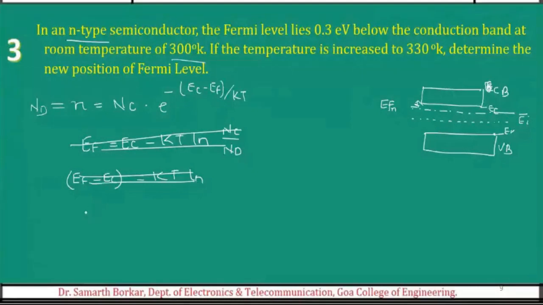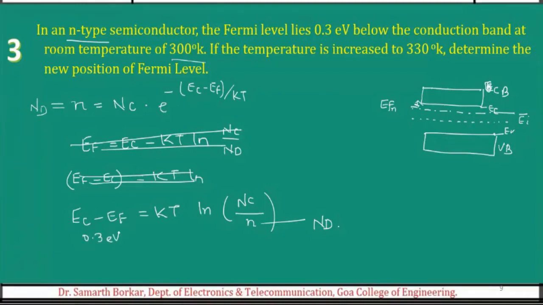Yeah. So we can write Ec minus of Ef equals kT ln Nc by N, and here N can be written as ND. So the difference Ec minus of Ef is 0.3 electron volt. kT is at 330 K, ln Nc by ND.